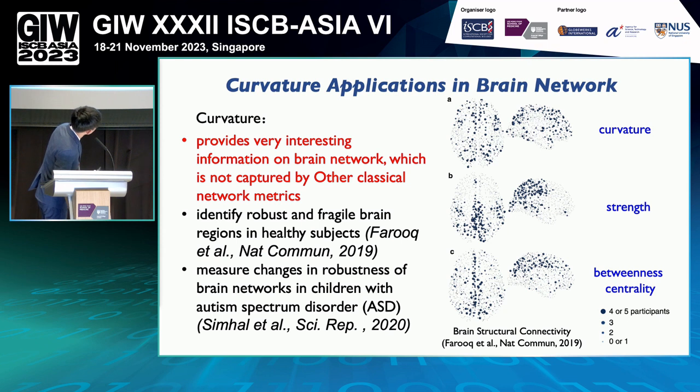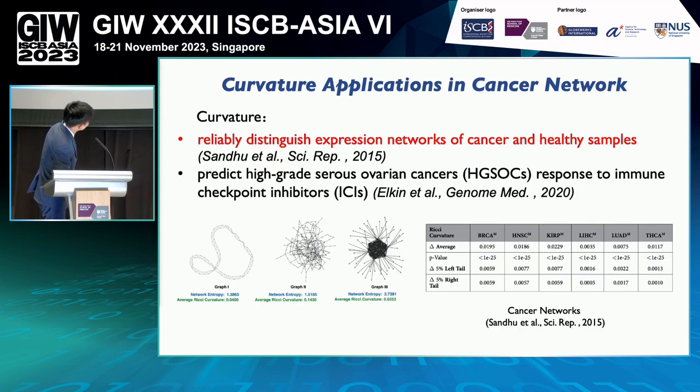In brain networks, curvatures reflect information that other classic network metrics failed to uncover. In cancer network, curvature can distinguish cancer samples and healthy samples.